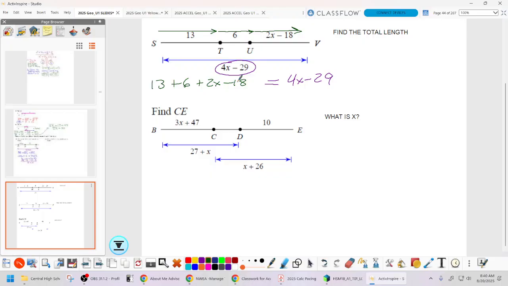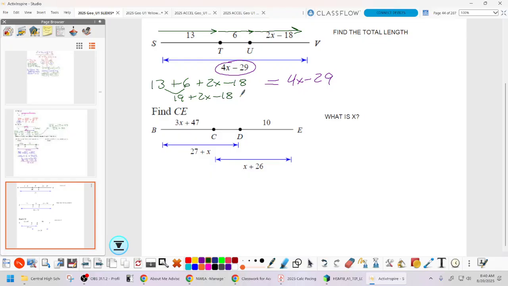We can step out of geometry mindset and into algebra. So we have 13 plus 6 is 19. That side didn't change. 19 minus 18 is 1.